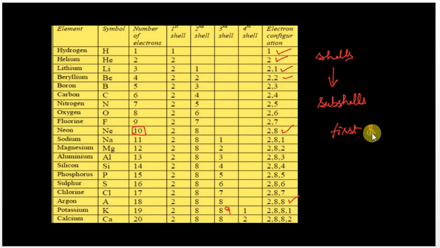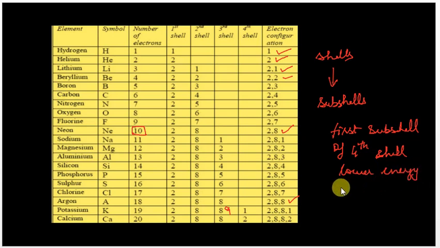The first subshell of the fourth main shell has lower energy than the third shell's last subshell. That's why the electrons first go into the fourth shell.